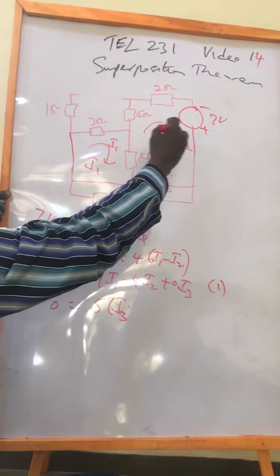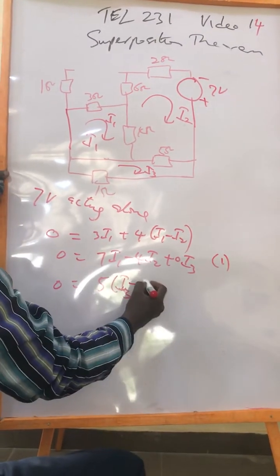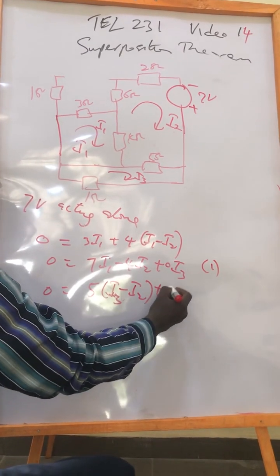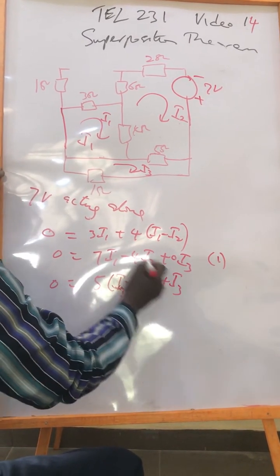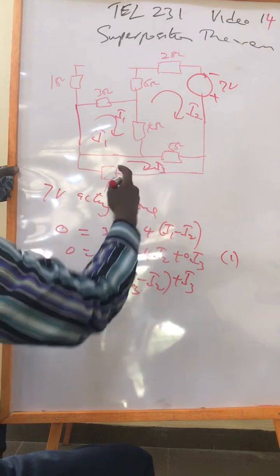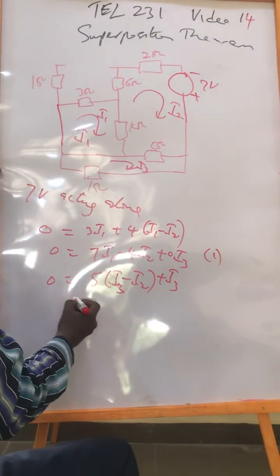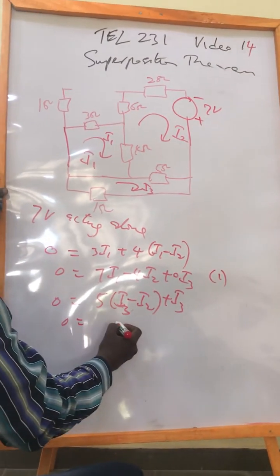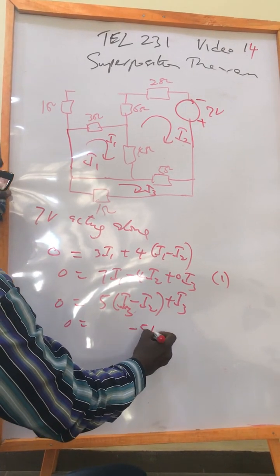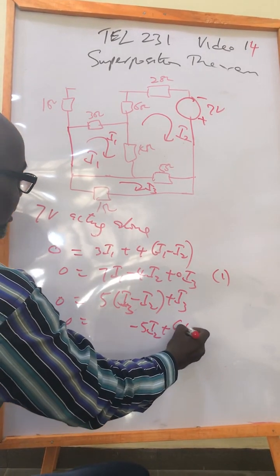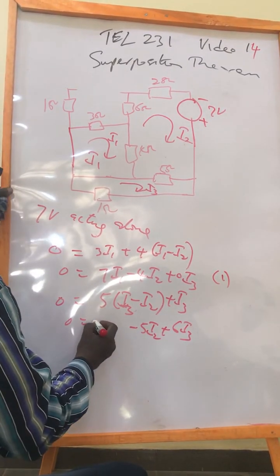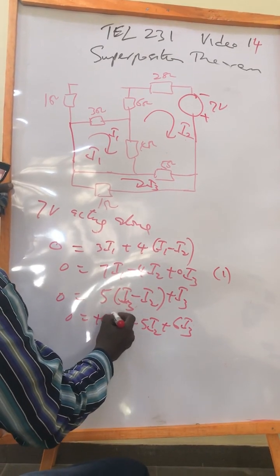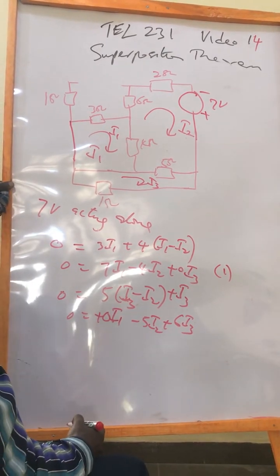I3 is going like that, I2 is going like that. So it is I3 minus I2 plus I3. This one ohm is taking only I3. So 0 equals minus 5I2 plus 6I3, plus 0I1 because I1 is not there.